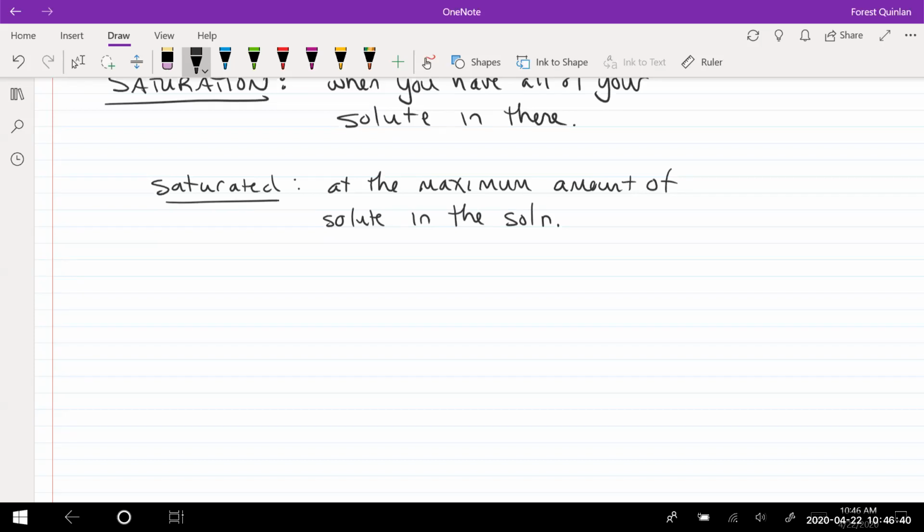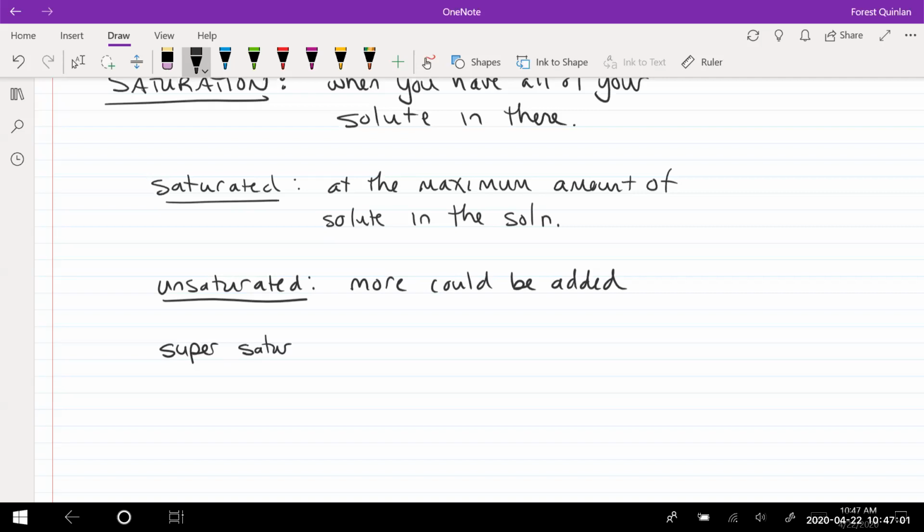There is unsaturated. This means more could be added. And then there is the supersaturated, and that's where there's too much.